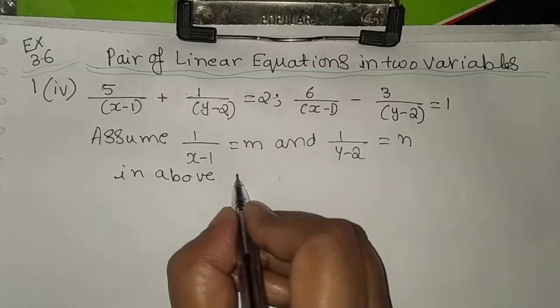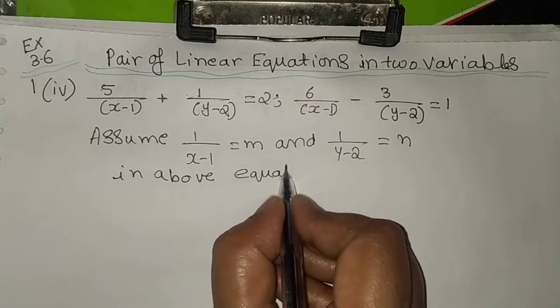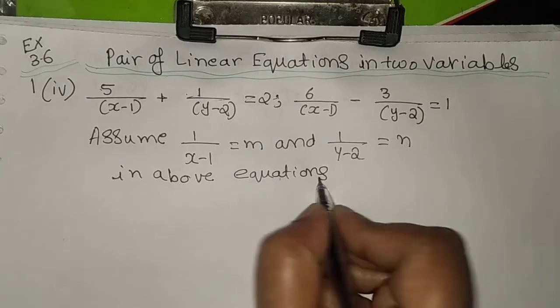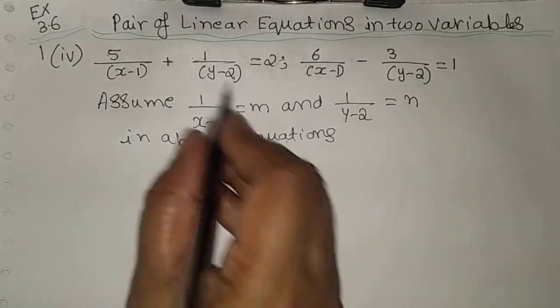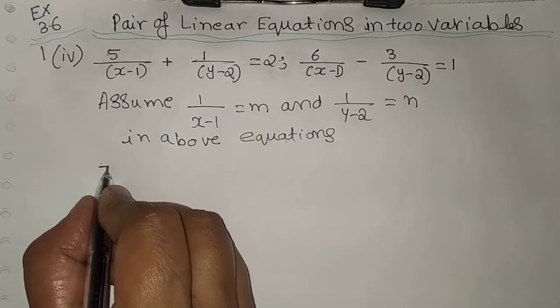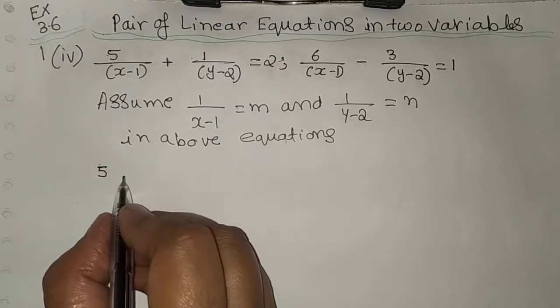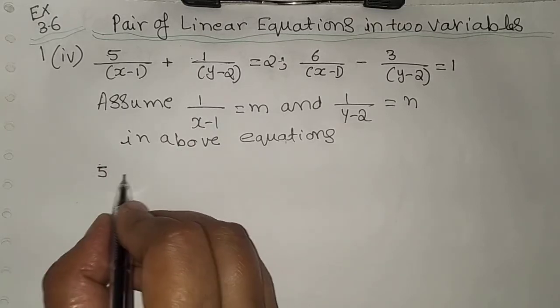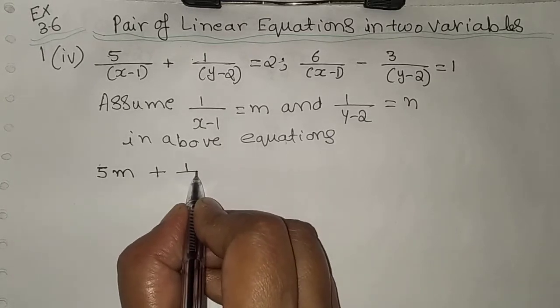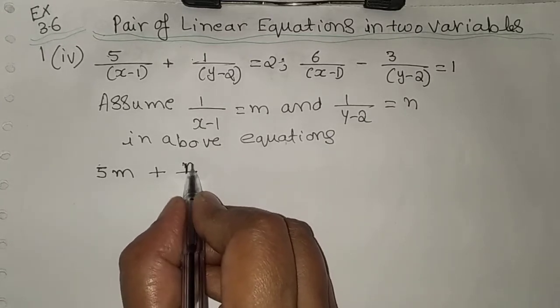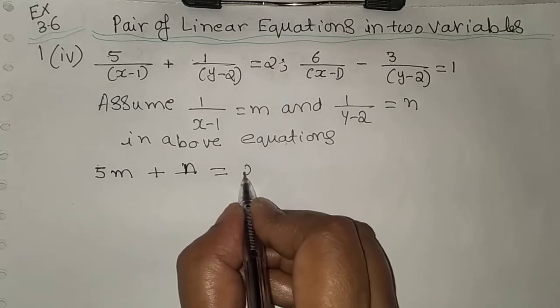After this, we have to simplify the equations by substituting. So we substitute: 5m plus n is equal to 2.